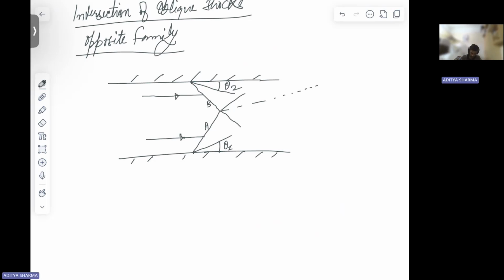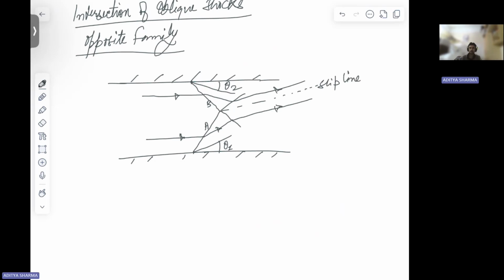So it will first move in this direction. And then this will move in this direction along the slip line, parallel to the slip line. And this will go like this, and this will again be parallel to your slip line.